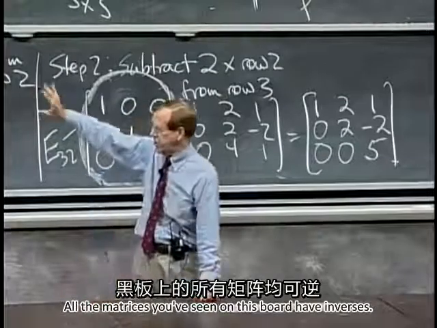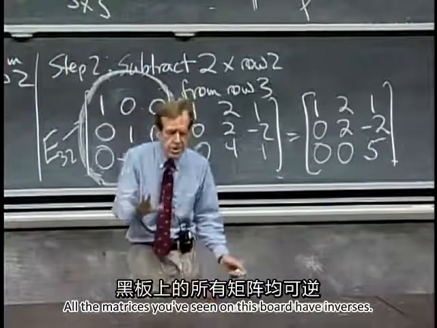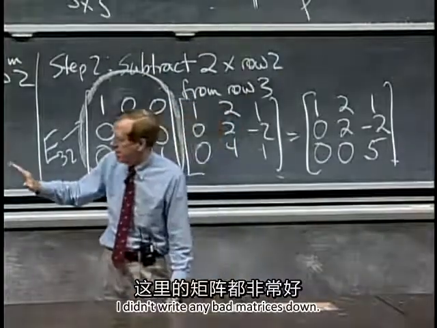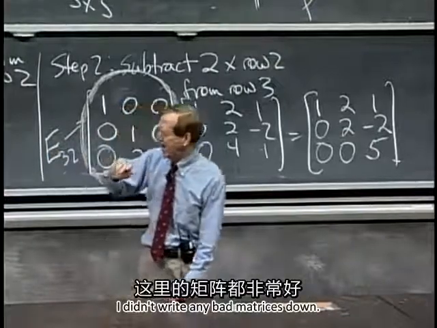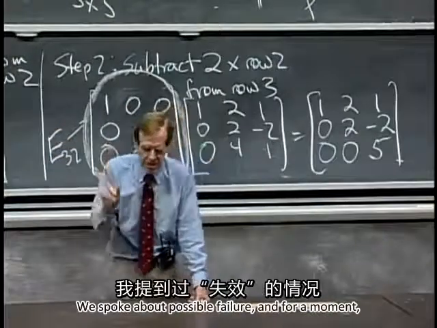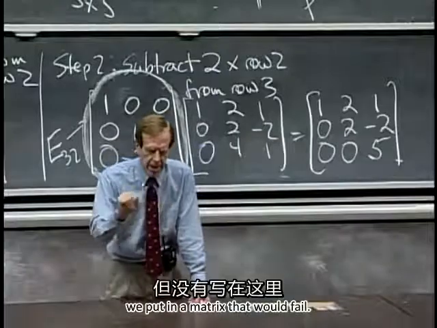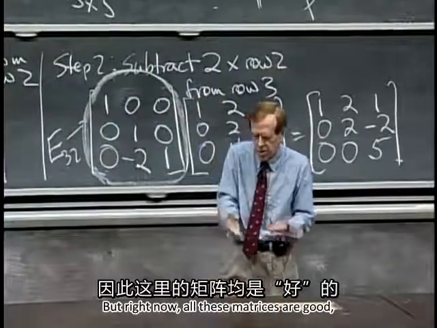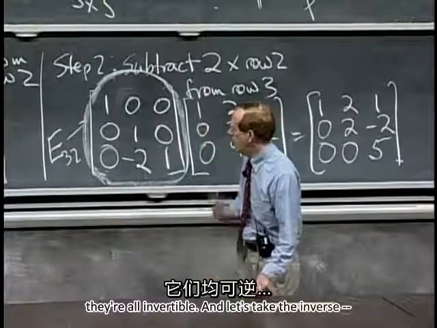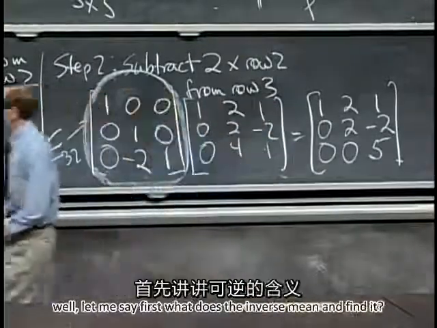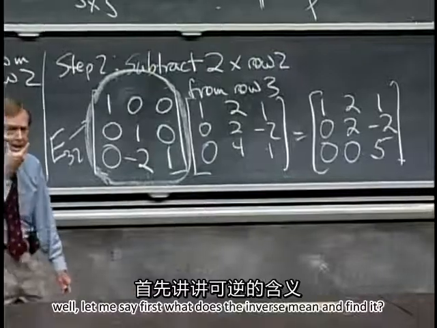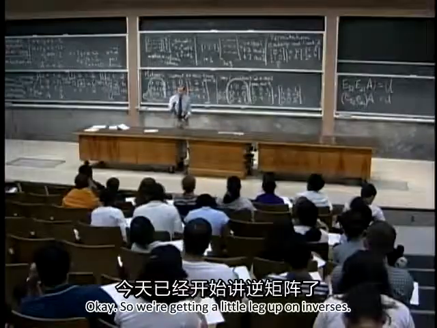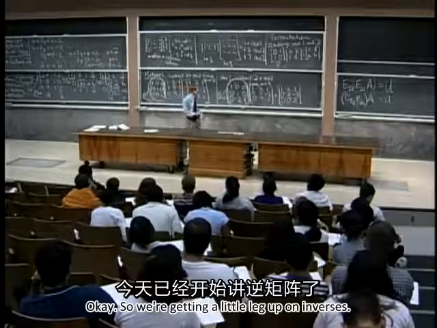All the matrices you've seen on this board have inverses. I didn't write any bad matrices down. We spoke about possible failure, and for a moment we put in a matrix that would fail. But right now, all these matrices are good. They're all invertible. And let's take the inverse. Well, let me say first, what does the inverse mean, and find it. Okay, so we're getting a little leg up on inverses.